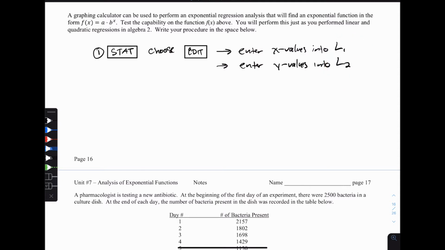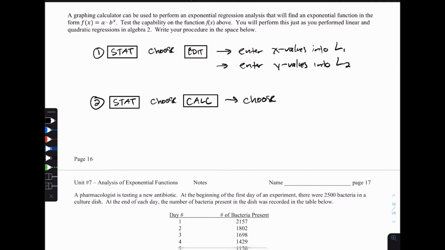Does it have to be L1 and L2? It does not. But that's what I'm going to do just to make sure that we're all on the same page, figuratively and literally, page 16. Once you've got your list of ordered pairs in there, you're going to choose Stat again, then Calculate, and since we're doing exponentials, you're going to choose exponential regression.